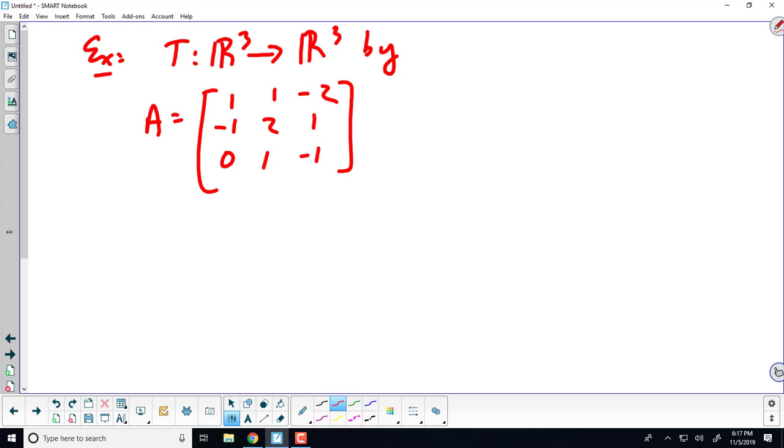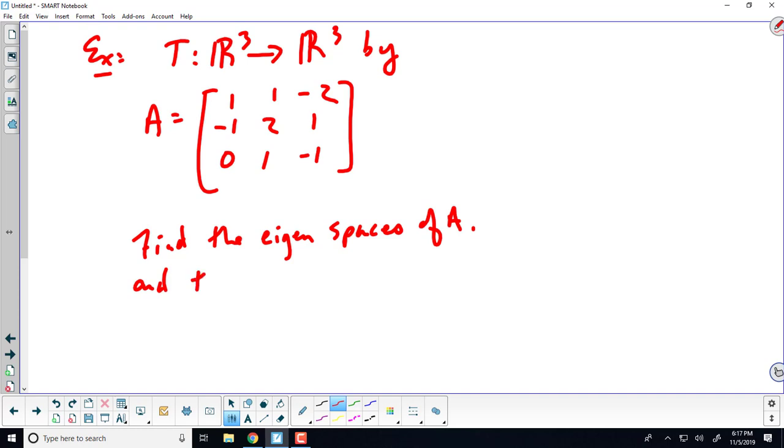And let's find the eigenspaces of A and the eigenmatrix. And I really should say an eigenmatrix, because you can make many of these.